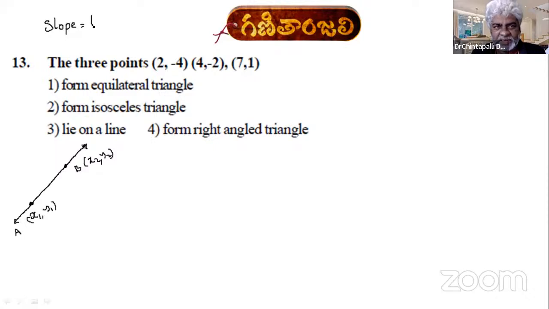Slope is equal to tan theta, theta being the inclination. Inclination means angle, the angle made by that line with the x-axis in positive direction.